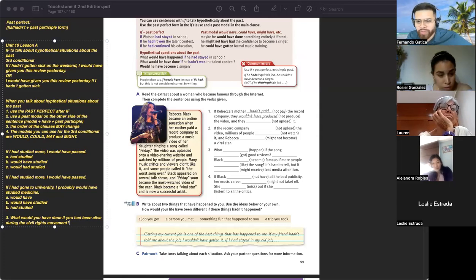The civil rights movement is that movement with African Americans and Martin Luther King and Malcolm X and Harriet Tubman, all of that was the movement, right? In the 50s and 60s in the United States.